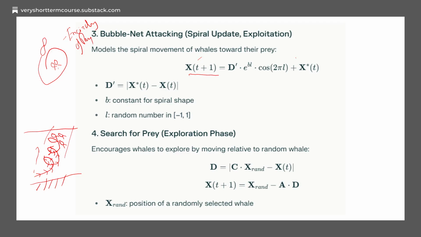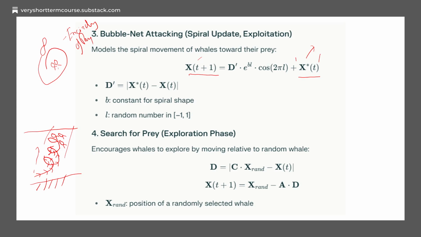As you can recall, this x star t is the most optimal solution, that value of x for which we have generated the most optimal value of y up to that iteration. Most optimal value of y means in our case the largest value of y until this iteration. This is that value of x which has generated that most optimal value of y.